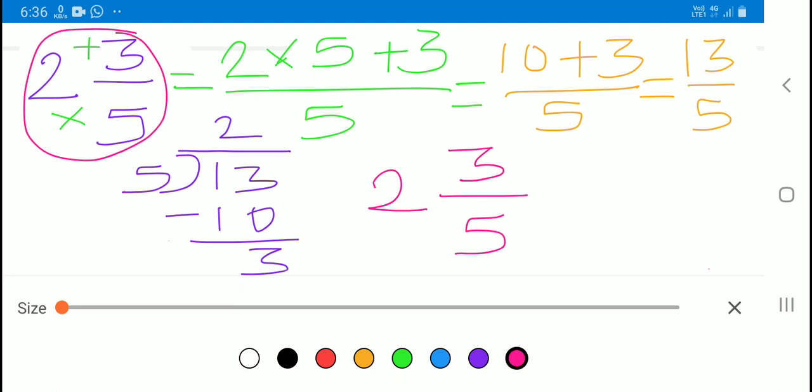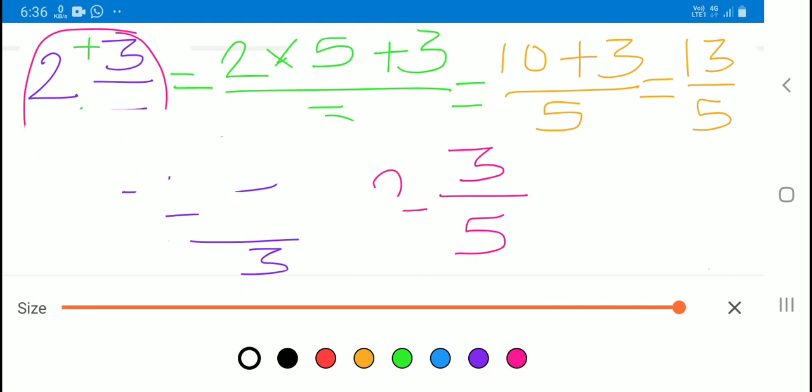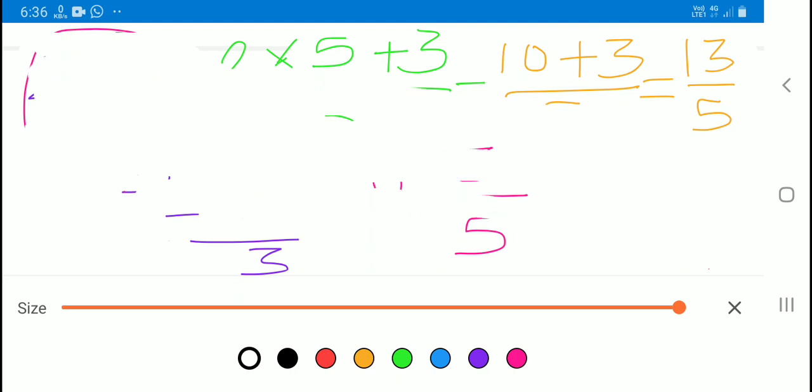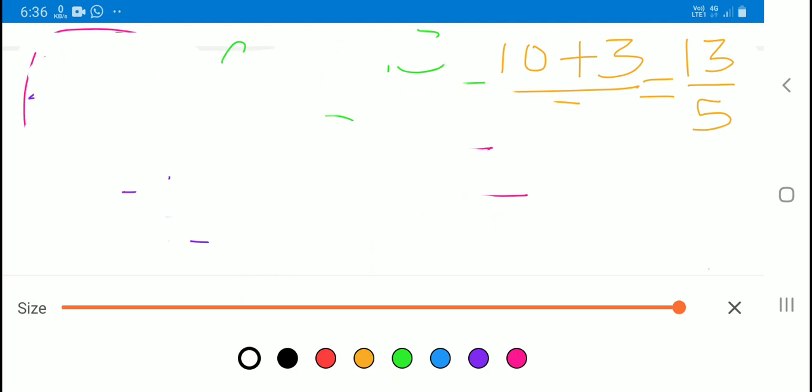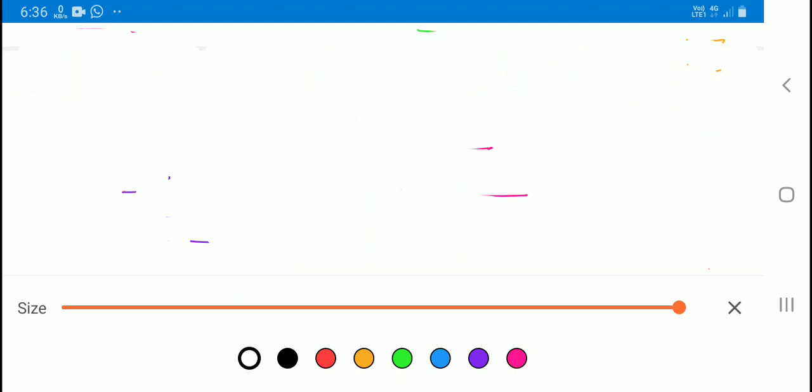Now one more example we will take. There we will convert a mixed number into an improper fraction. So for that I will take the next example. Both methods I told you here. We will take another example. I will write here 3 and 4 upon 7.